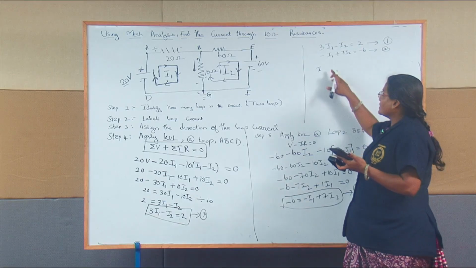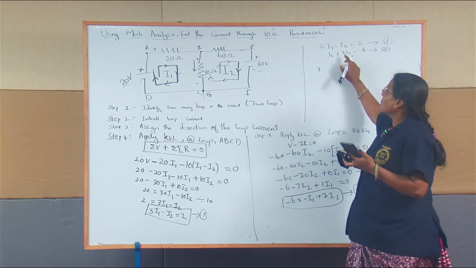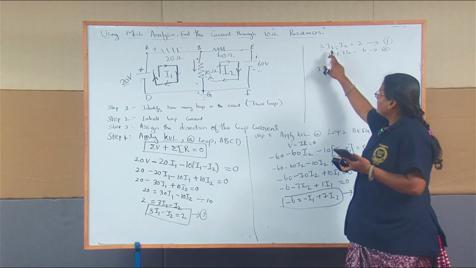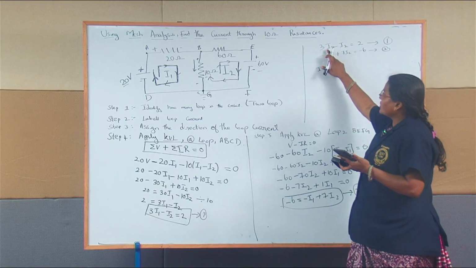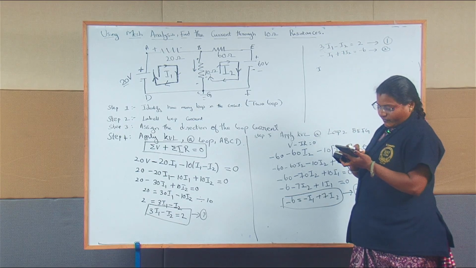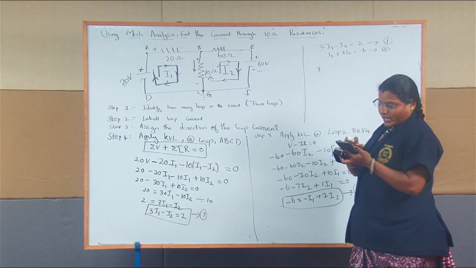It will ask for your A1 value, B1 value, C1 value. So you have to enter the parameters, the coefficients of I1 and I2. A1 is the coefficient of I1, which is 3. If you press equal, it will ask for the B1 value. It is minus 1.